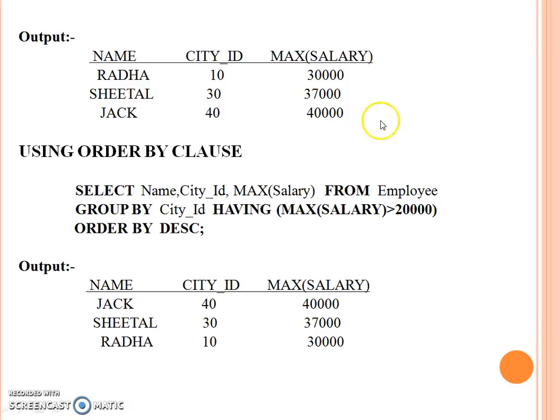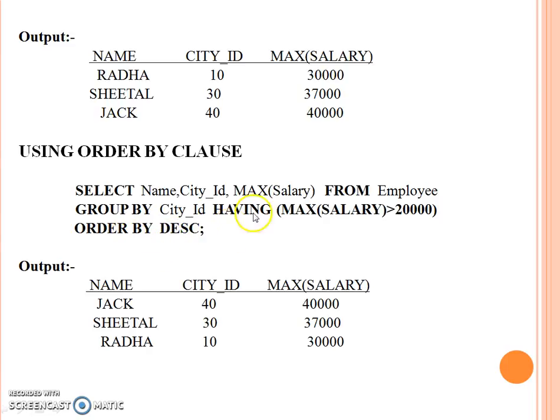So I am going to get these many records. Earlier we had got one record more than that of the group by. Now using the order by clause. Order by is used to give the ascending and descending order of the result set.